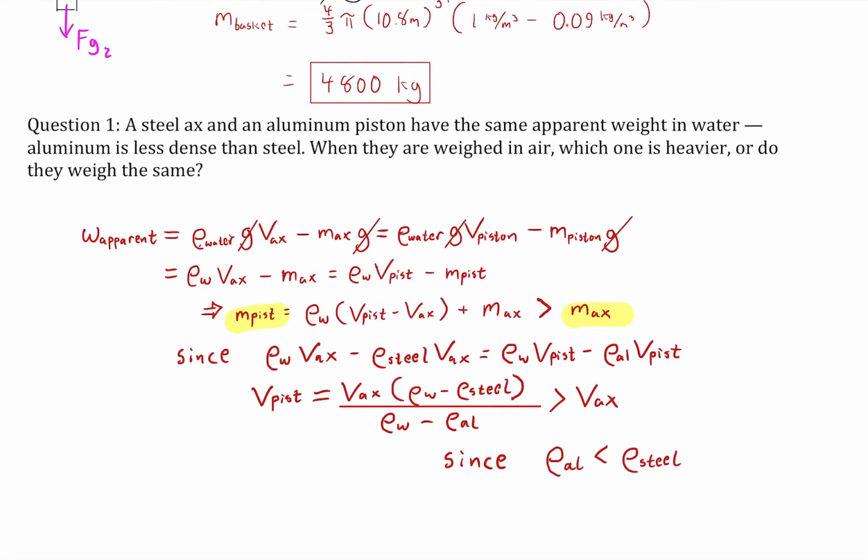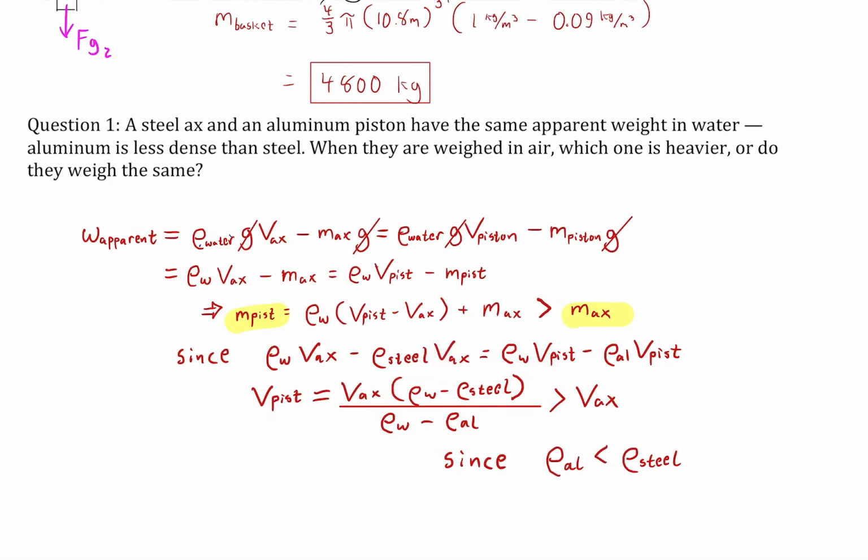But which one is going to be bigger? Well, the bigger difference is going to be the one on top, all right? So that means this coefficient here is always going to be greater than 1, which tells us the volume of the piston will always be greater than the volume of the axe, okay?